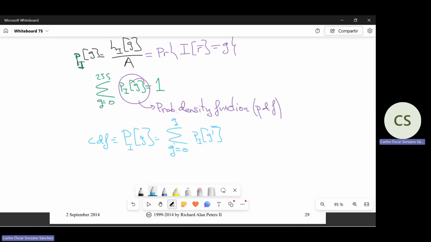So it is the probability of I being smaller than or equal. And this is called the cumulative density function.